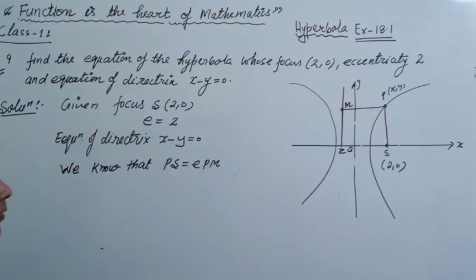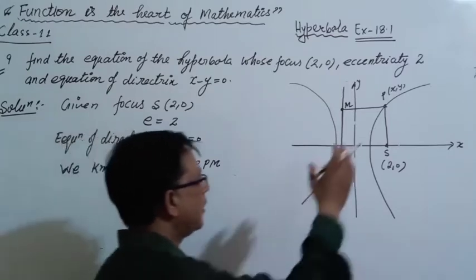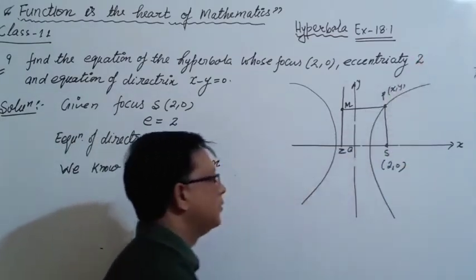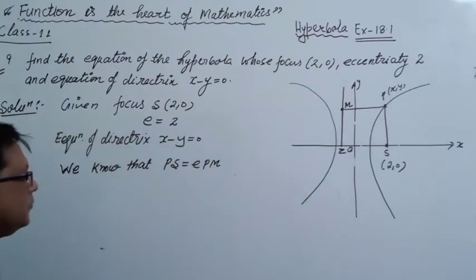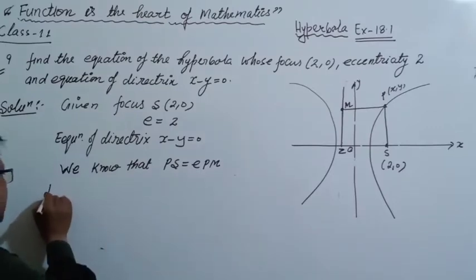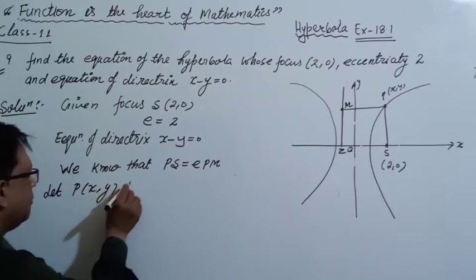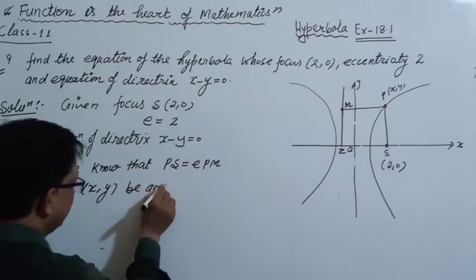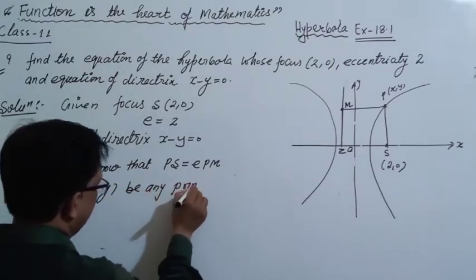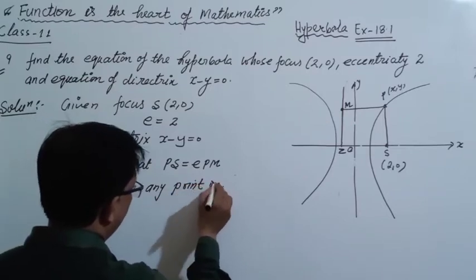The value of eccentricity is always greater than 1. That's why here eccentricity is 2. So let P(x, y) be any point on the hyperbola.